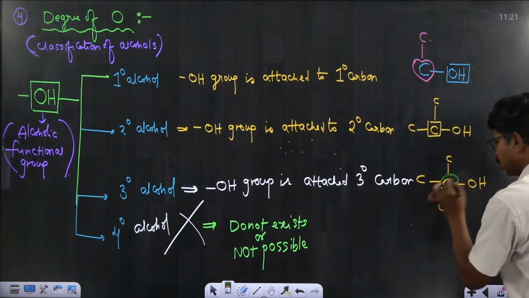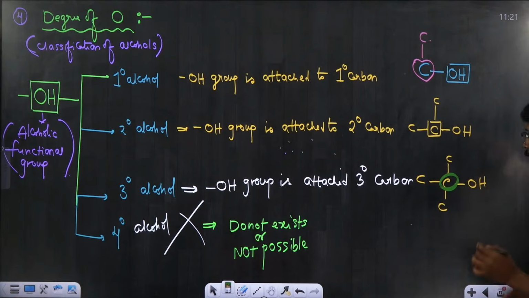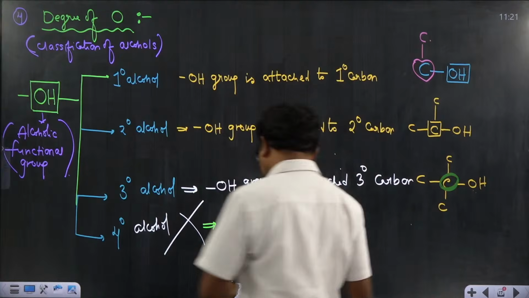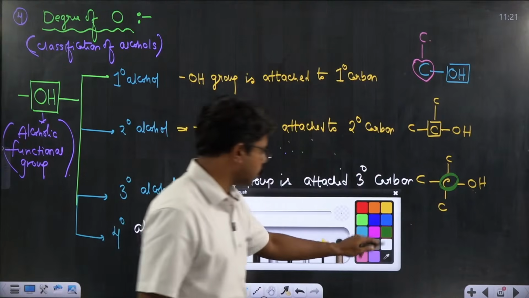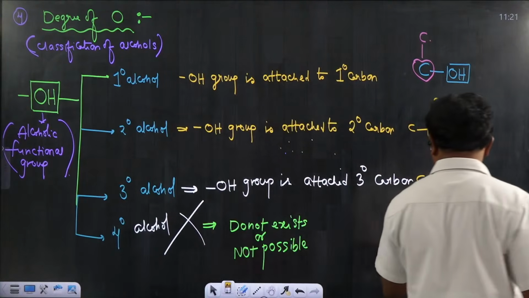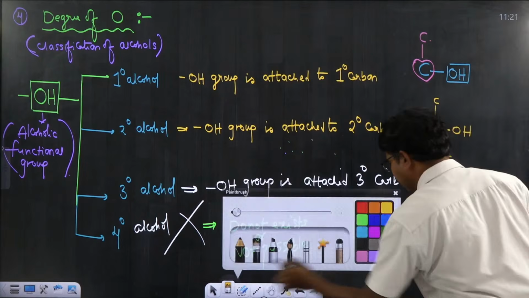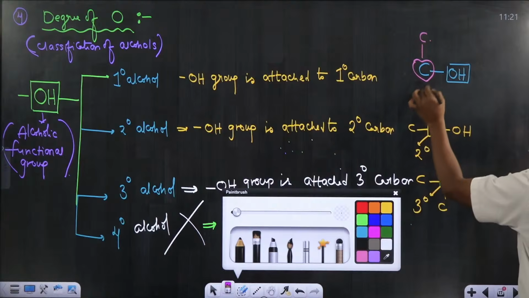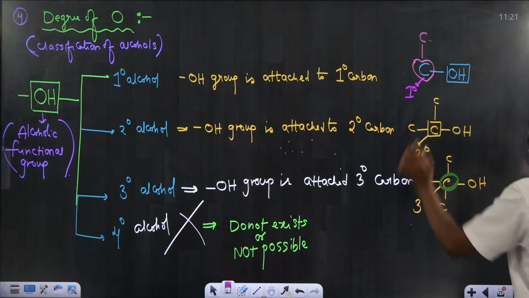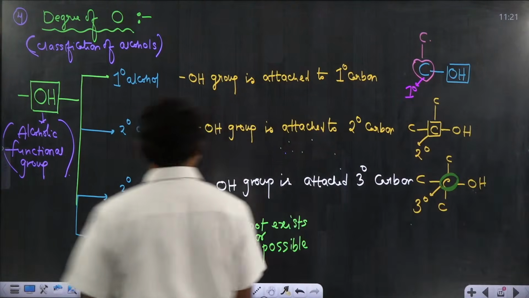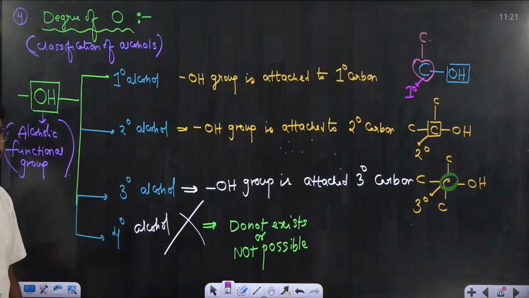If you consider this as a reference, why have I taken this as reference? Because this carbon is directly attached to OH. Since this carbon is directly in contact with 3 carbons, this carbon should be tertiary carbon. This carbon here should be secondary carbon, and this carbon should be primary carbon. I hope this point is clear. Right?